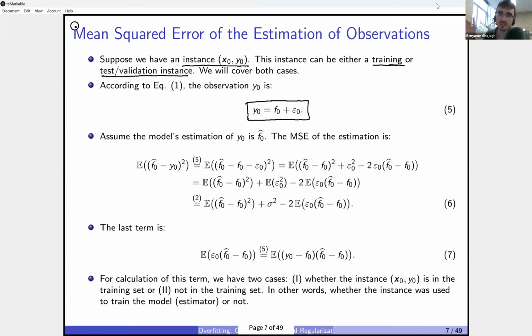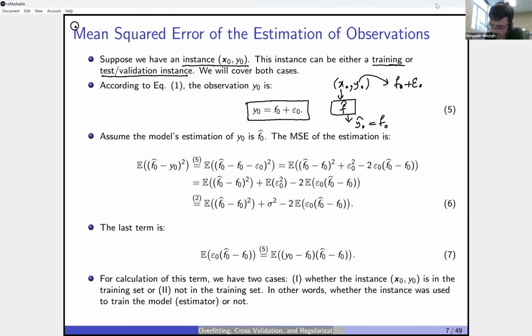So y0 equals f0 plus epsilon 0. Assume the model's estimation of y0 is f0 hat. So we have x0, y0. This y0 is f0 plus epsilon 0. If we feed this x0 to the f hat, it gives us some y0 hat, some predicted output, right?